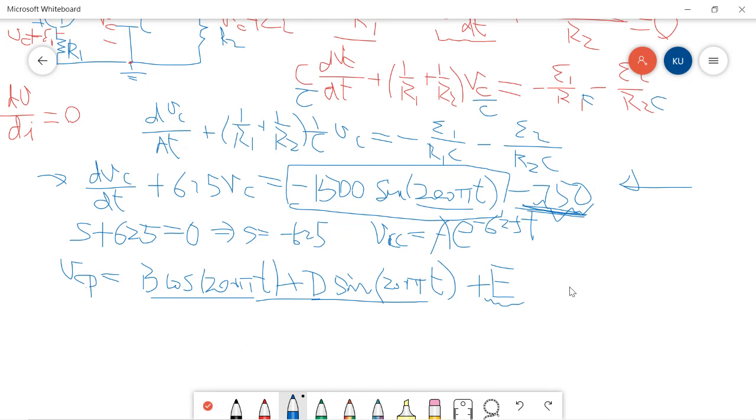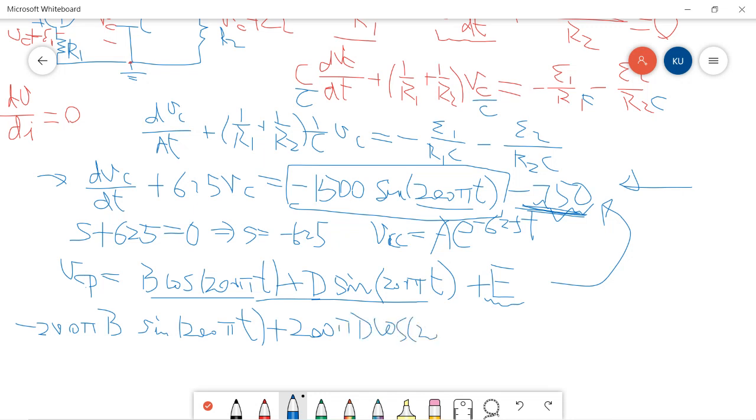And then we substitute Vp into here. Taking the first derivative, we will have minus 200 pi b sine 200 pi t. And then the second term plus 200 pi d cosine 200 pi t. And then the third term, e, the first derivative will be 0 because it's just a constant.